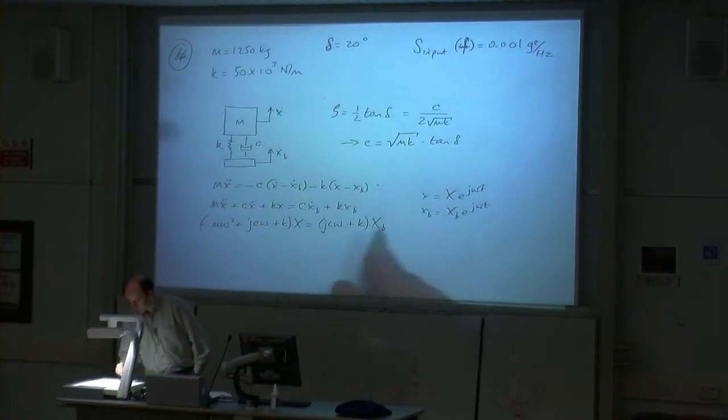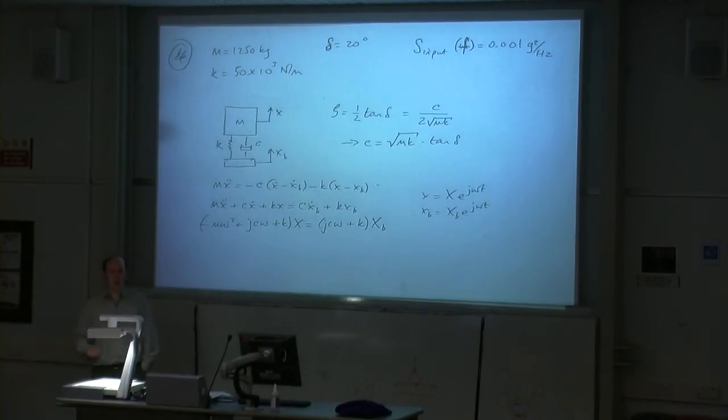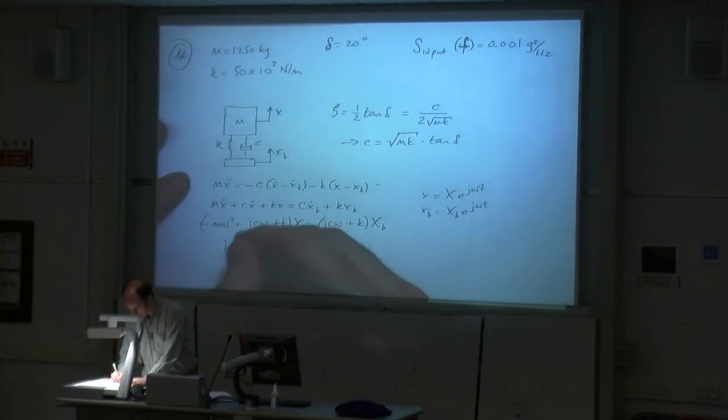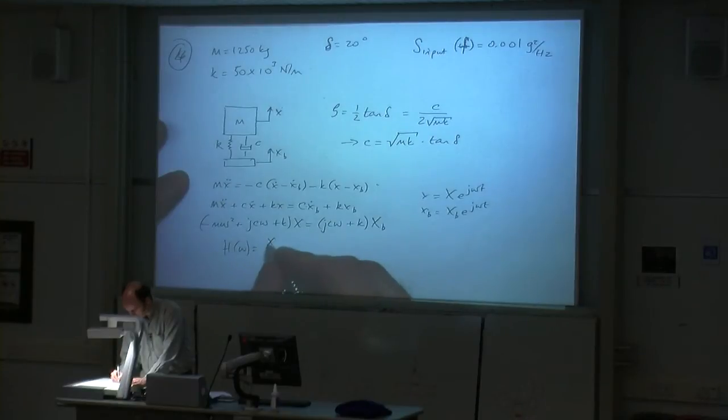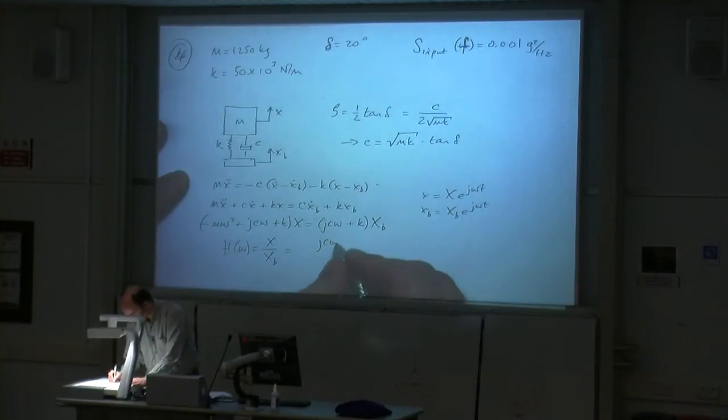Now I've got the input and output in terms of displacement, so I can say H of omega is the output divided by the input: j c omega plus k, divided by minus m omega squared plus j c omega plus k.